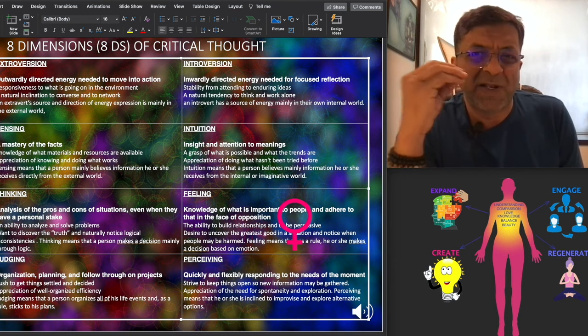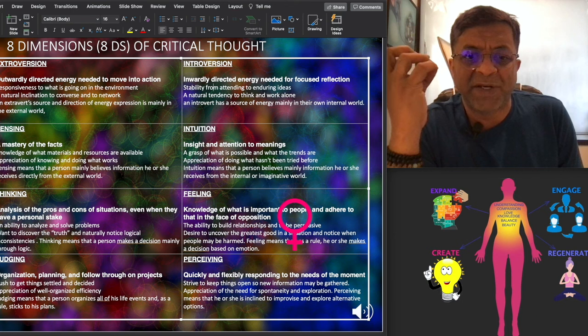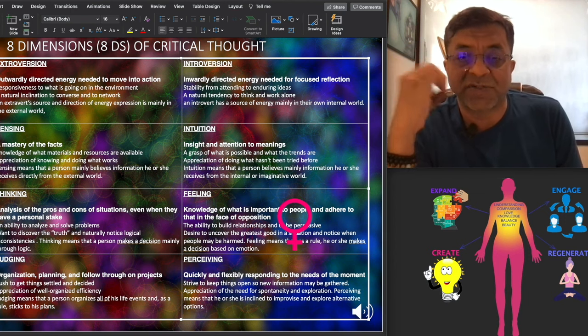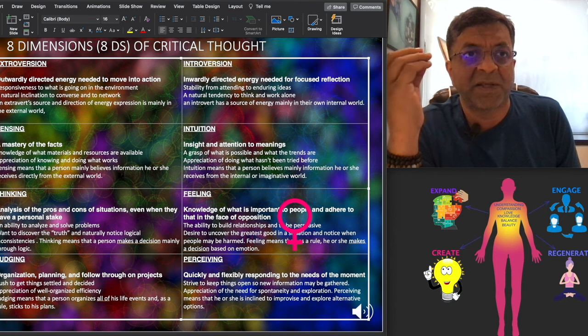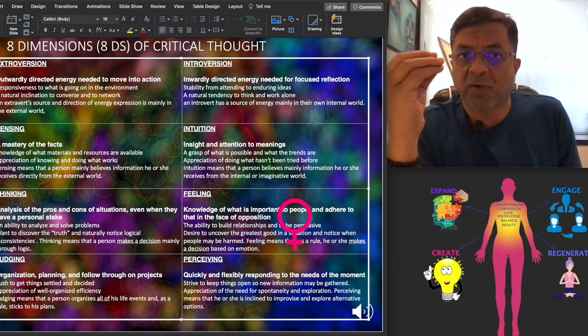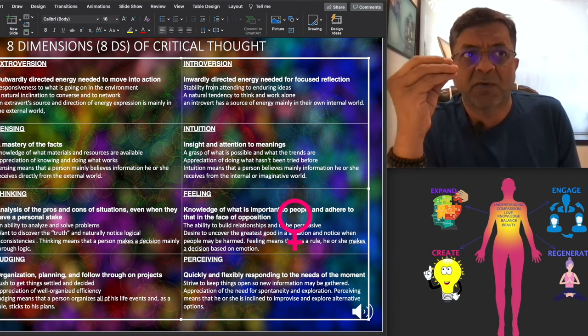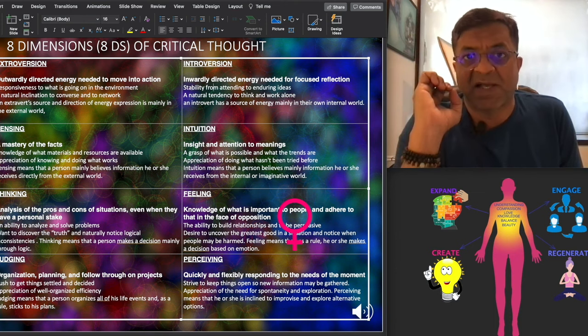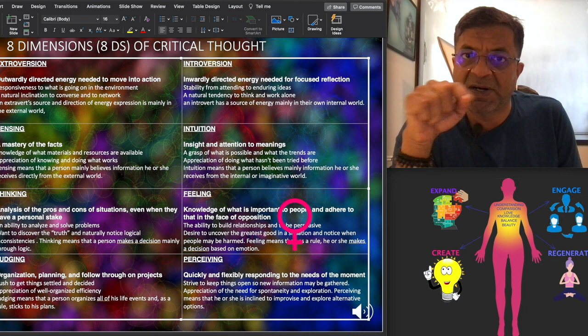So they're more about feeling all these kinds of things. The ability to build relationships and to be persuasive. They're very persuasive kind of people. Desire to uncover the greatest good in a situation. These are people like the Librans who tend to notice the good in things, the good in the society. What can we do good for the society? And considering people as an aspect is very important to build into critical thinking.